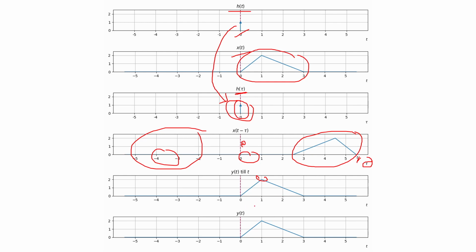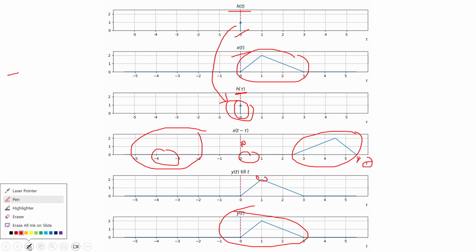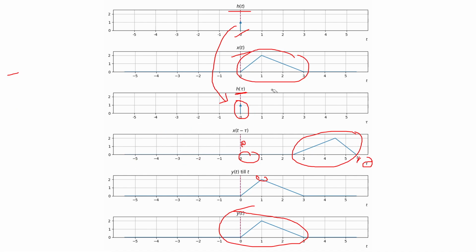Then this is the output that we want to compute. So we drew that output as t changes. Essentially, because of the impulse, what happened? Our input signal x got actually located at the impulse. So you may have seen that here.